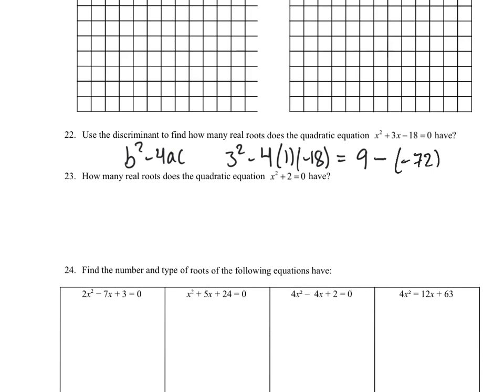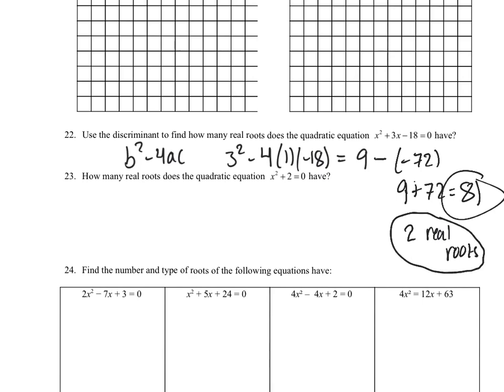So subtract a negative, that's going to turn into a positive. So that's going to give you 81. And since it's positive, remember discriminant with that worksheet, whenever your discriminant is positive, you're going to have 2 real roots. Right? So that's for the first one.